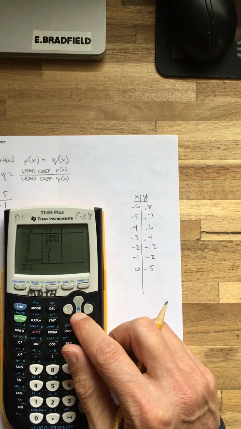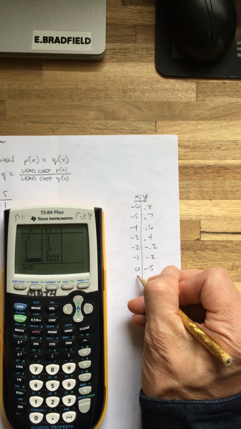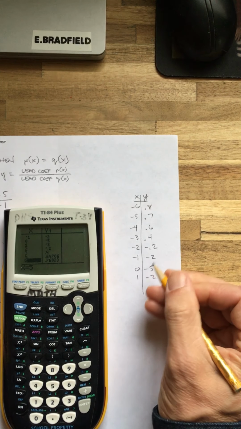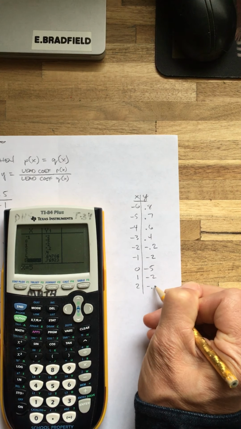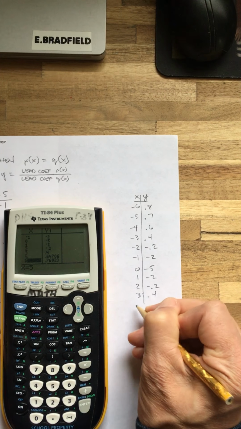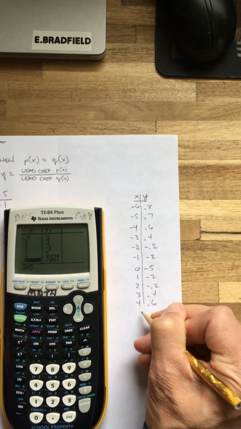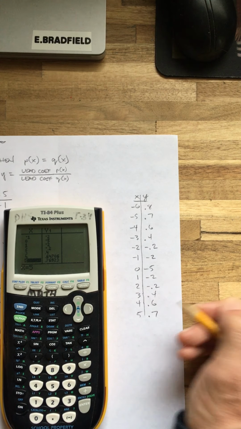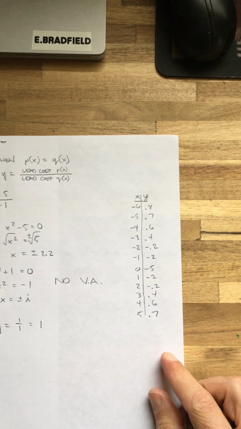Scroll down here. 1 is negative 2, 2 is negative 0.2, 3 is 0.4, 4 is 0.6, and 5 is 0.7.